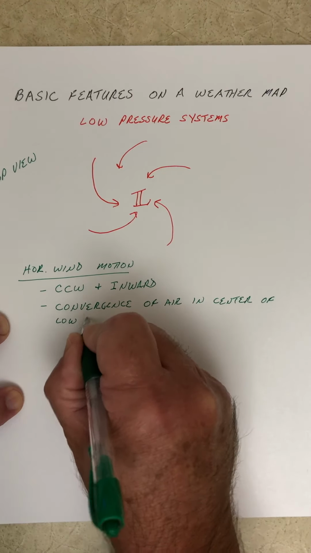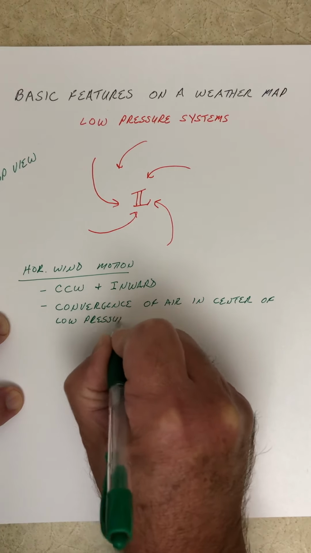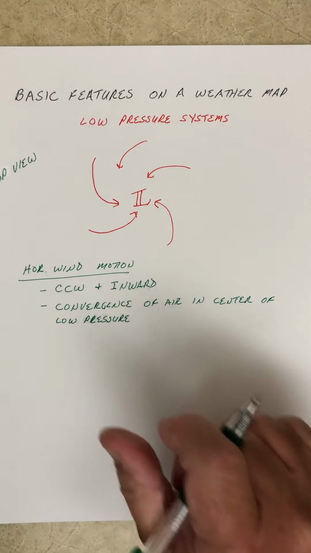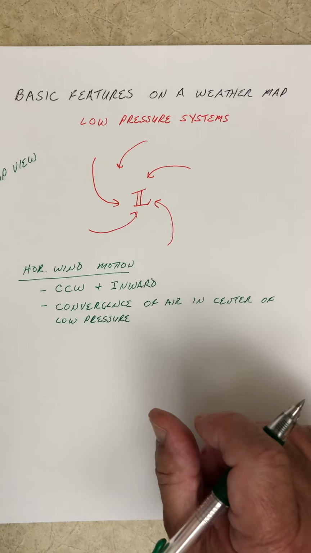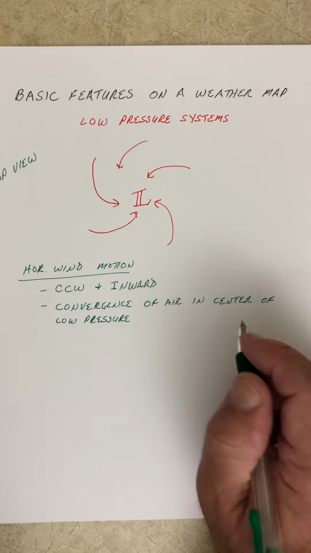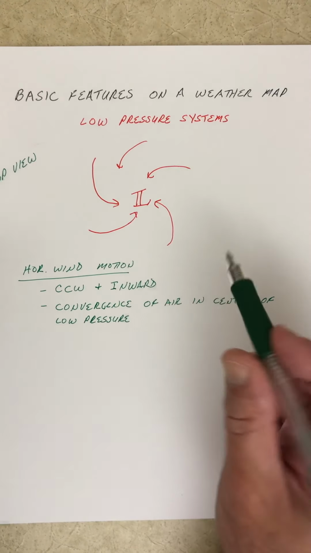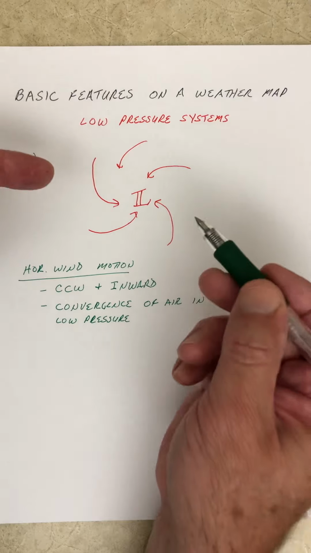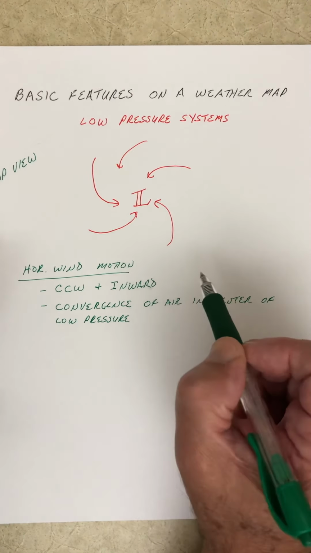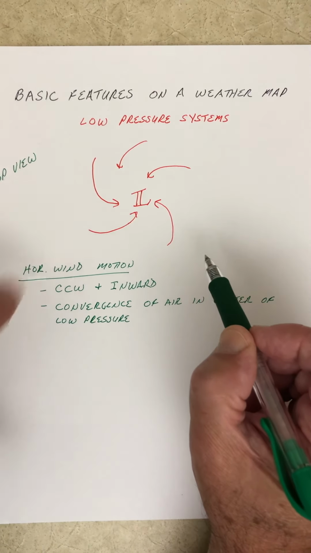Low pressures act kind of like a bathtub drain, or the drain of the atmosphere. When you pull the plug in a bathtub, all the water converges in towards the drain. That's kind of what air does with low pressure. But instead of draining down, when air converges in the center of low pressure, it has nowhere to go but up.